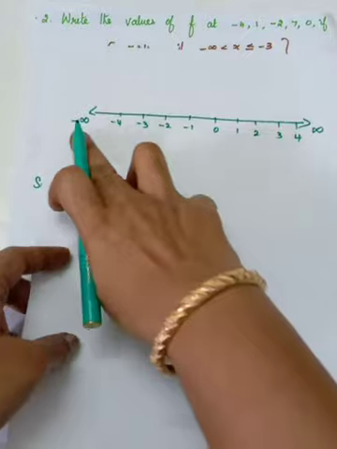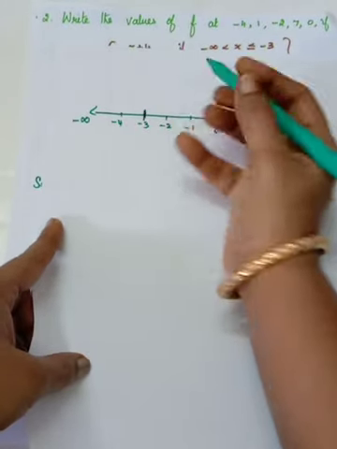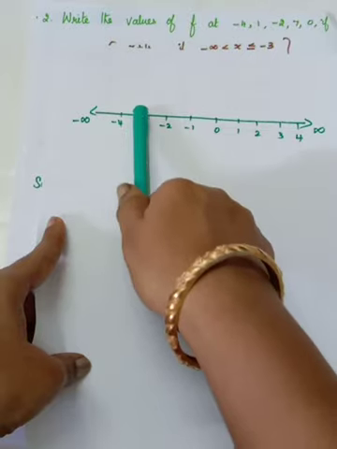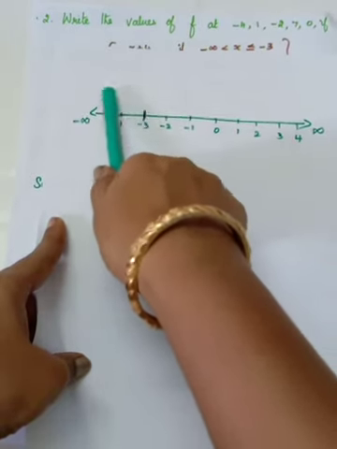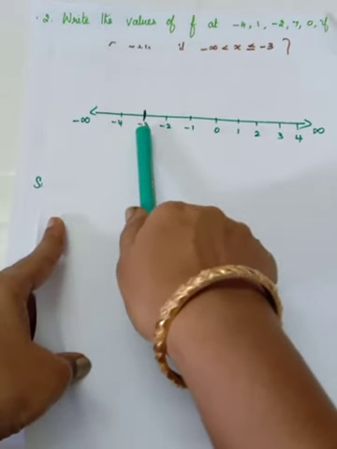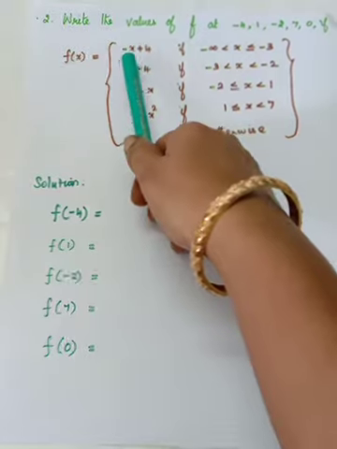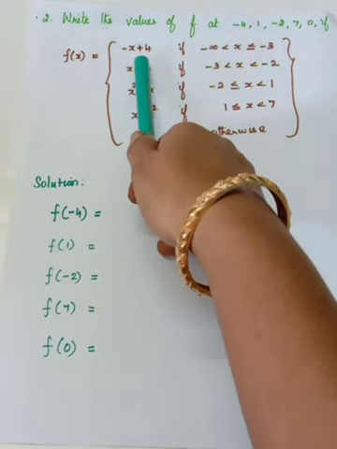That means from minus infinity to minus 3, and minus 3 is also included, so you choose f of x as minus x plus 4.